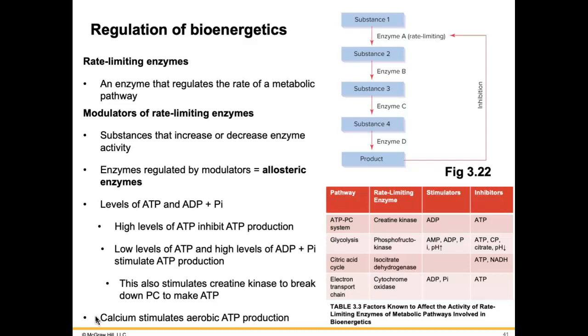And so we have a rise in calcium, and this is going to indirectly activate an enzyme known as phosphorylase, which is going to break down glycogen to glucose so that it can enter glycolysis. So when we have calcium present, that is going to stimulate aerobic ATP production because we want to create more ATP to replace what we have lost.